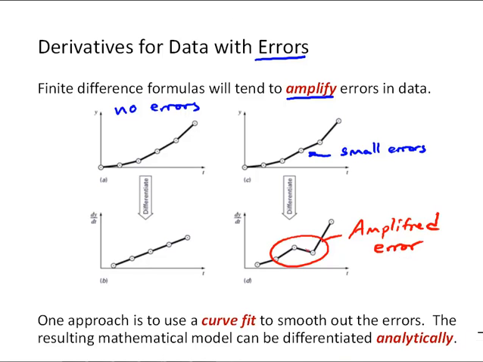And in fact, here we show the slope decreasing when it should be increasing, again, due to that amplified error when taking that derivative. So an approach to address this is to use a curve fit. We can take a curve fit of the data to smooth out the errors. Now once we have a curve fit, that's going to give us a mathematical model.